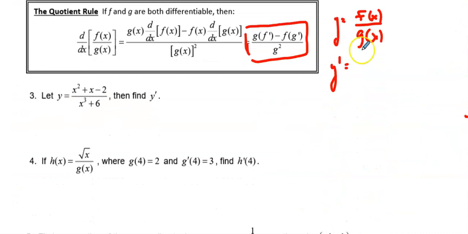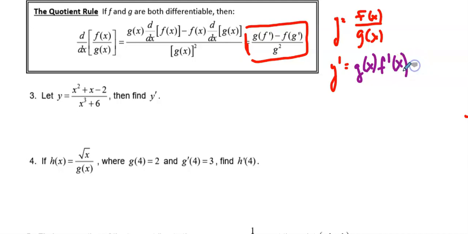In this particular rule, this order does matter. You have to do it in this order. So we're going to start with the denominator. You're just going to plot whatever the denominator is right here, and then you're going to multiply by the derivative of the numerator. Now, I always tell students that this is a quotient rule because the order matters and you can't mess it up.